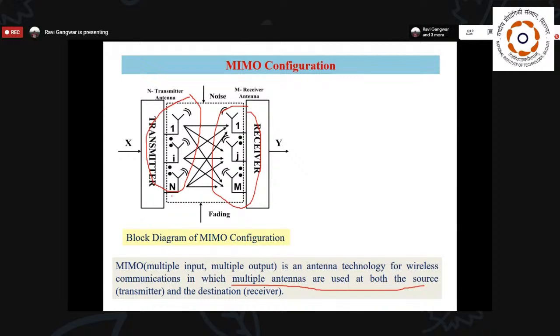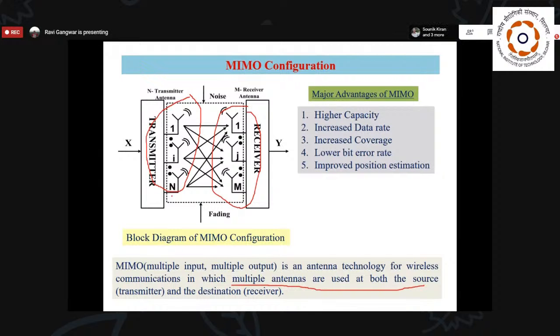So when we go for this MIMO configuration or MIMO antenna system, we have the following advantages: higher capacity, increased data rates, increased coverage, lower bit error, and improved position estimation. Here, we use more than one antenna, which means we are able to support more than one signal.